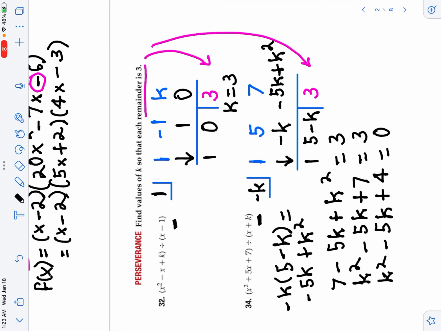No one can tell you when you take the SAT what you have to do in these problems, but you've got to search your knowledge base and say, what do I know about division? What do I know about remainders? And we are learning about synthetic division, so you need to put that all together to help you solve the problem.